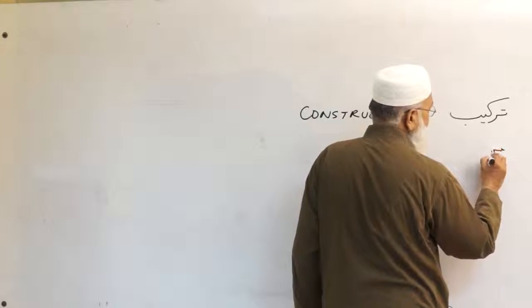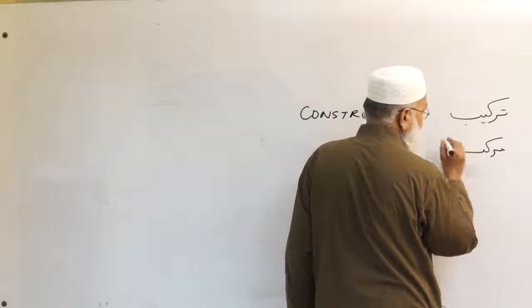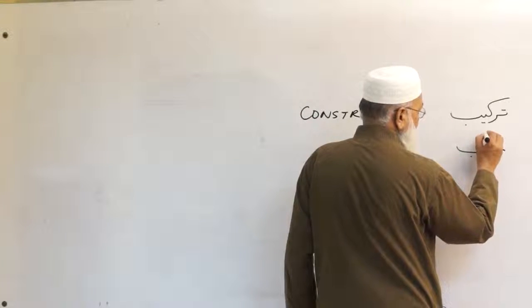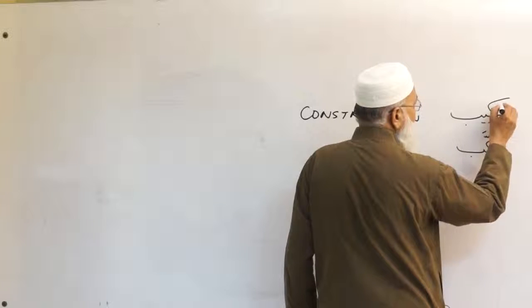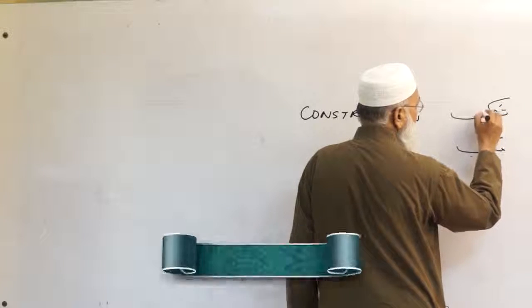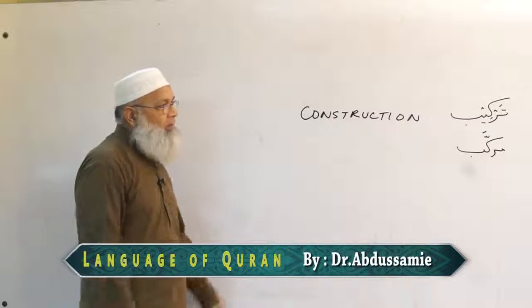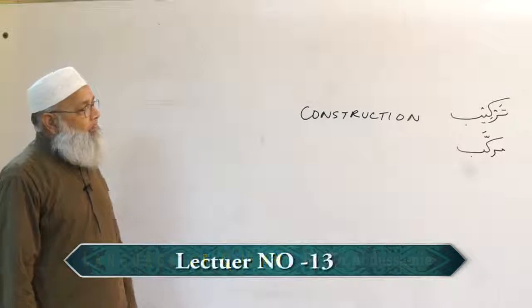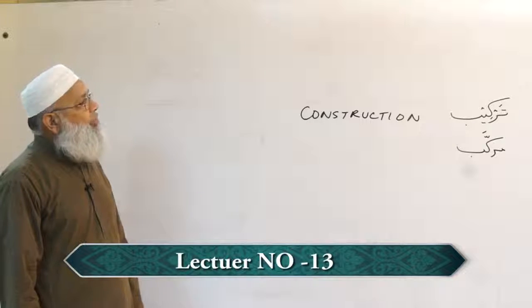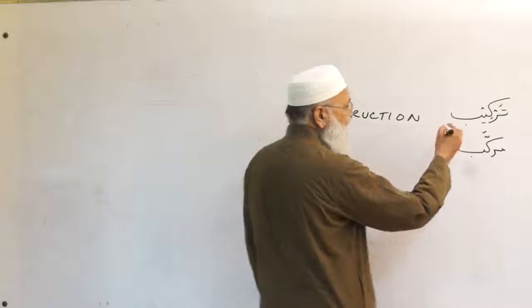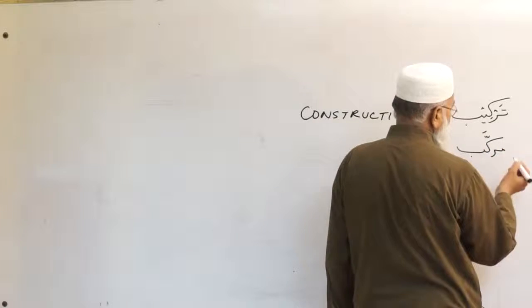Tarkeeb is in fact the act of making a construction, and murakkab is actually the constructed form. But mostly they are known as the constructions, or plural would be tarakib or murakkabat.